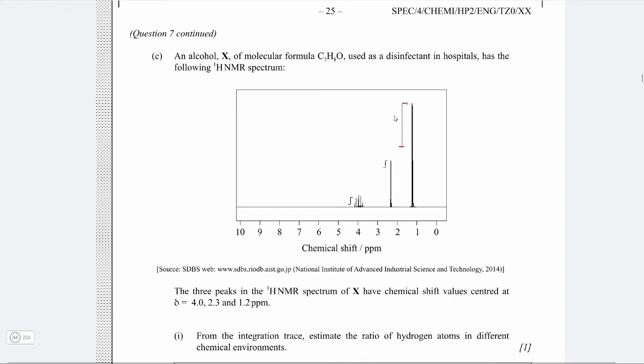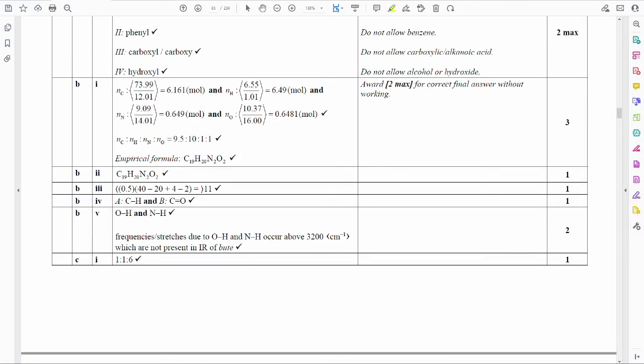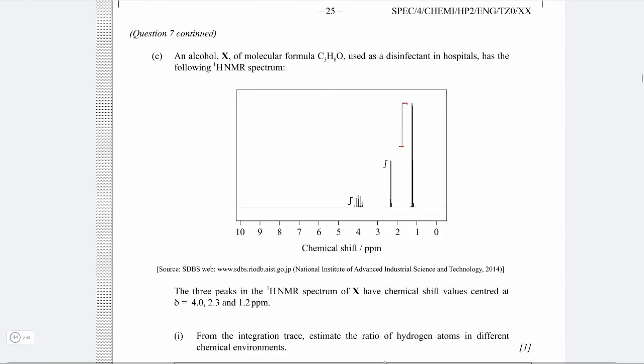And then you get some kind of length, and a length here, and then you divide everything by the shortest length. And then you should get the ratio, which in this case is 1 to 1 to 6. So we can just write that.